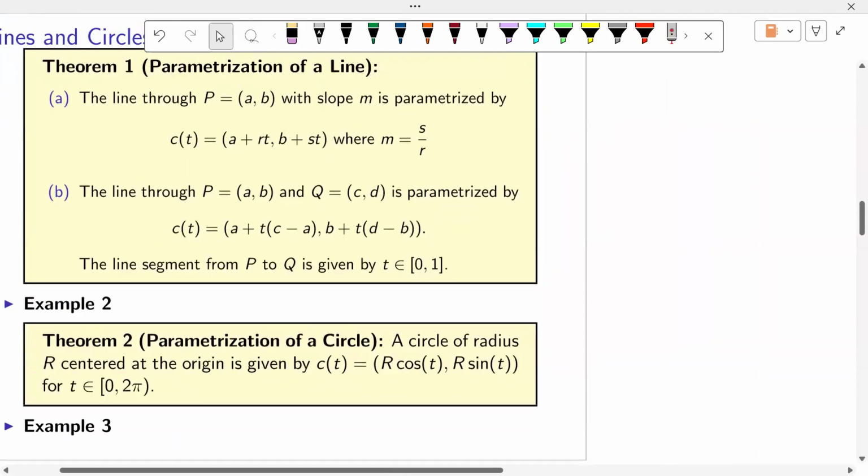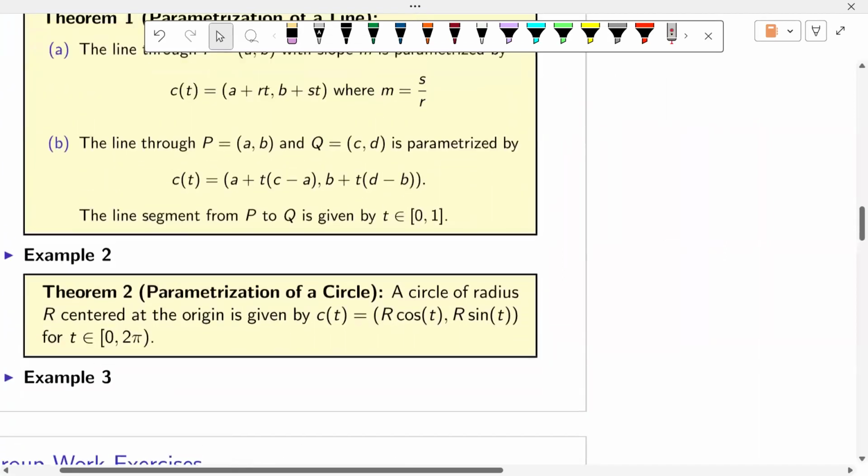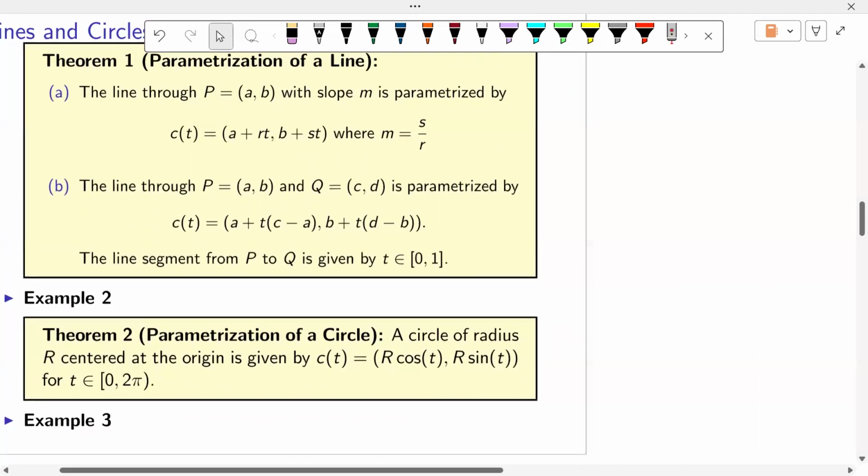First, we're going to discuss how to give a parametric equation for a line. And then we'll also discuss how to give a parametric equation of a circle. And believe it or not, that describes a lot of cool things already, because you can combine circles into each other and lines into circles. It gets pretty cool. So let's do an example or two of this.